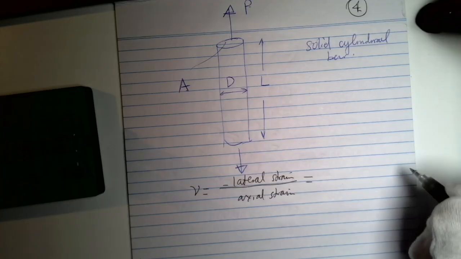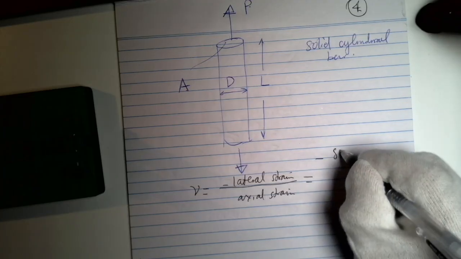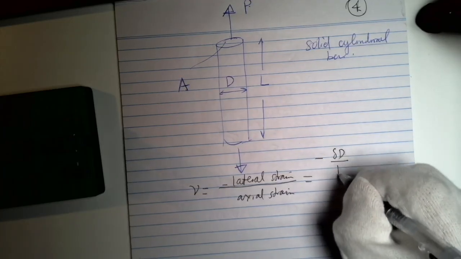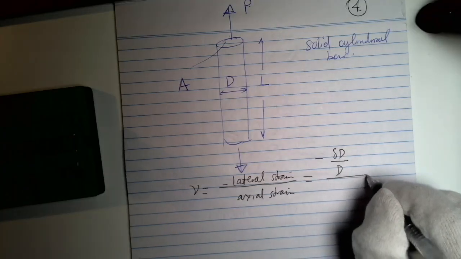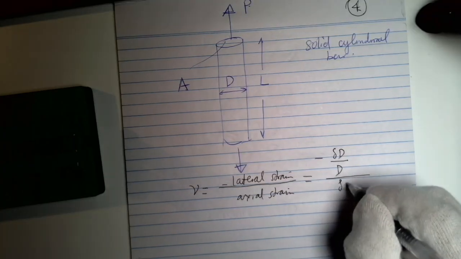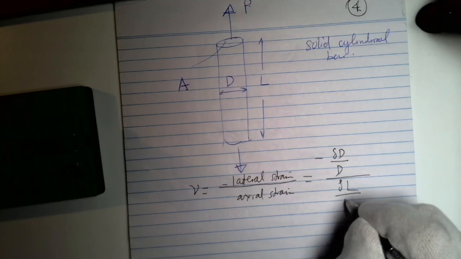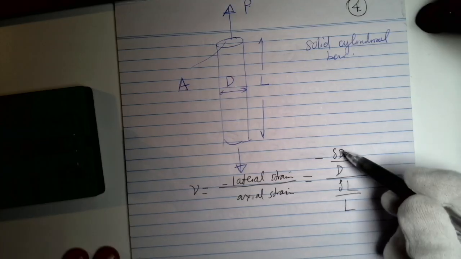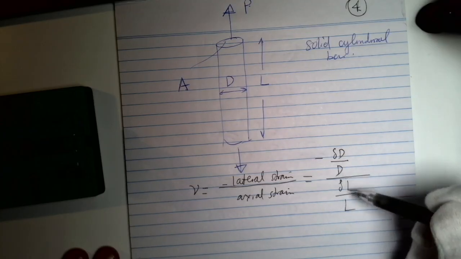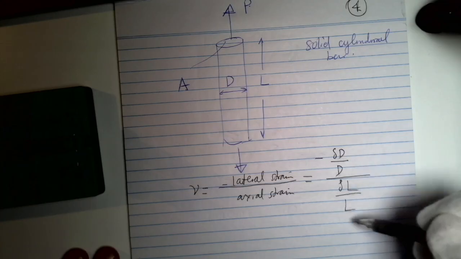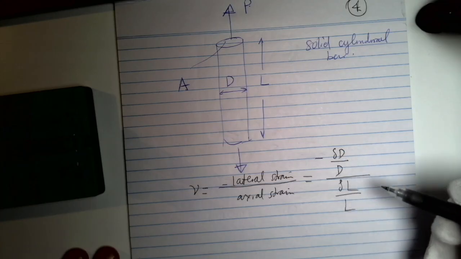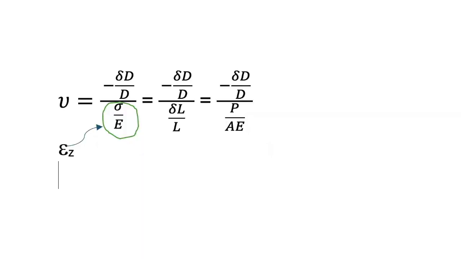Lateral strain is change in diameter divided by original diameter. Axial strain is change in length divided by original length. So you can use this form of the equation: Poisson ratio is minus change in diameter divided by original diameter, divided by change in length over original length.